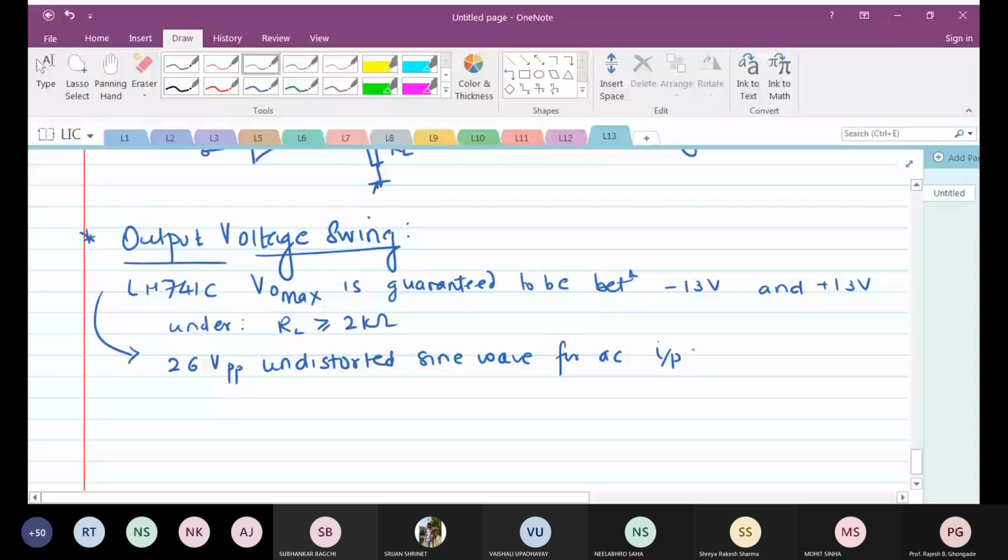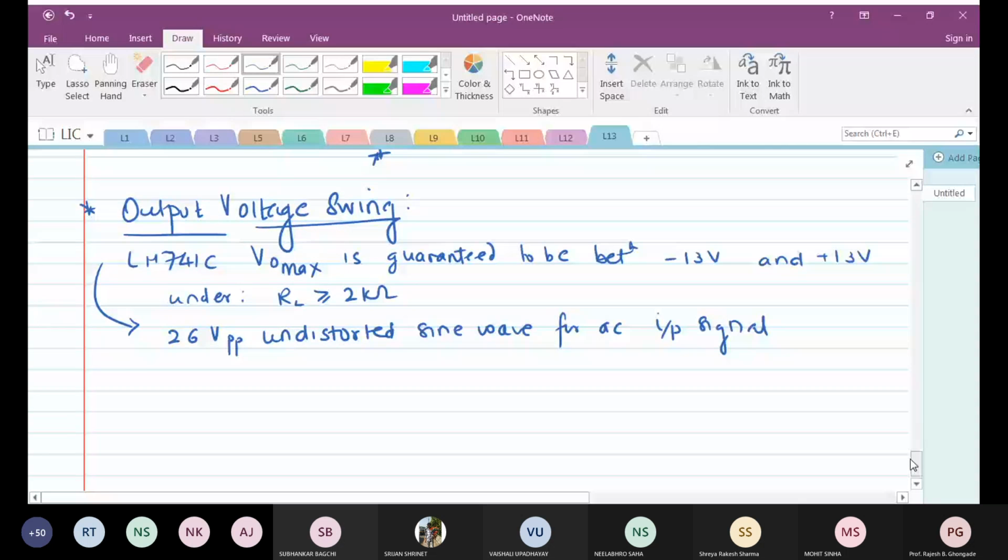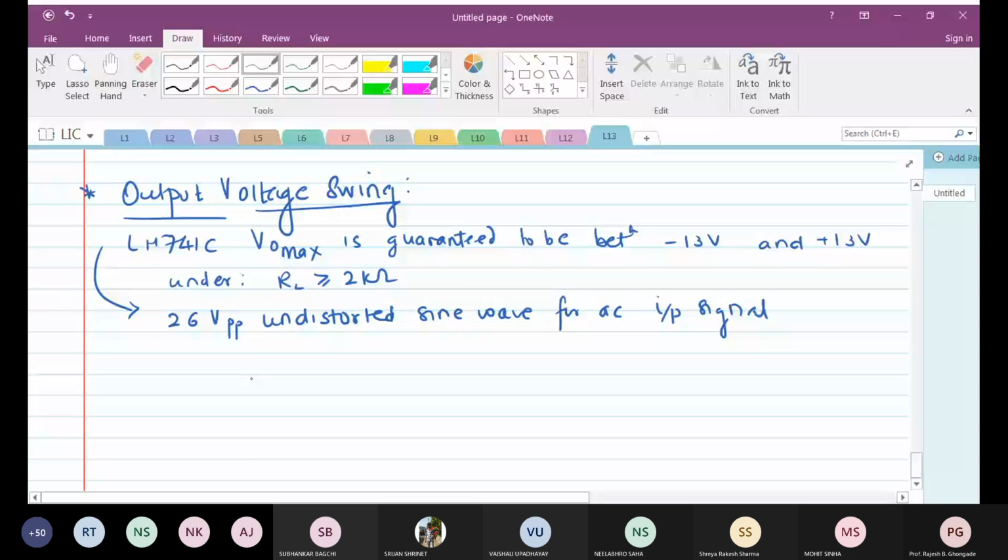This output voltage swing therefore indicates the values of positive and negative saturation voltages. So what does this mean? It simply says that the manufacturer says, okay, my operational amplifier, what is the maximum output voltage swing possible without distortion?